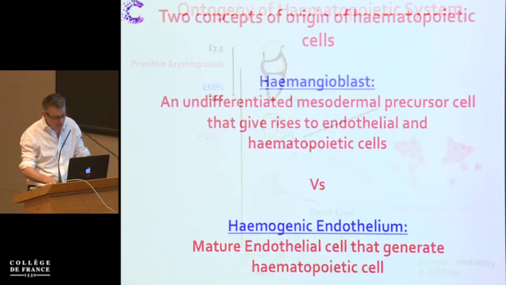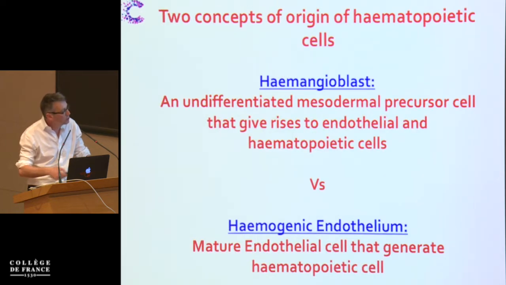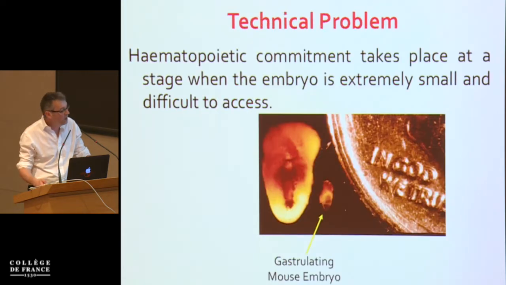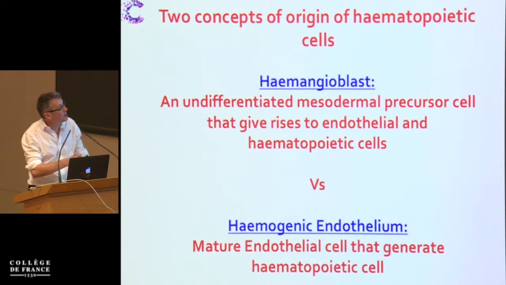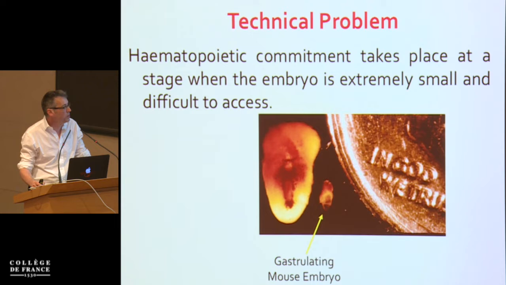So an endothelium, we can define this as mature endothelial cells that generate hematopoietic cells. So there is this transition in the dorsal aorta. So there are these two concepts of developmental hematopoiesis, hemangioblast and hemogenic endothelium, and in general they oppose. People think one or the other.